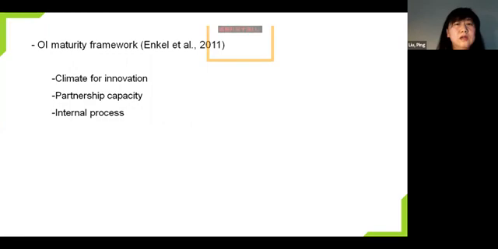And Anko et al. in 2011 introduced the Open Innovation Maturity Framework. They measure the open innovation maturity in 3 dimensions: climate for innovation, partnership capacity, and internal process.